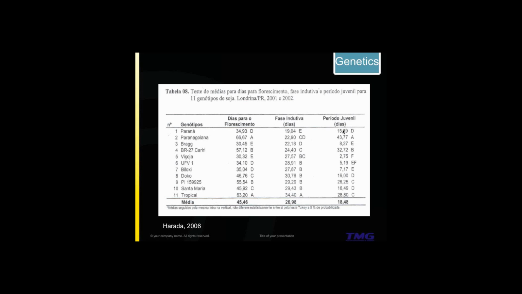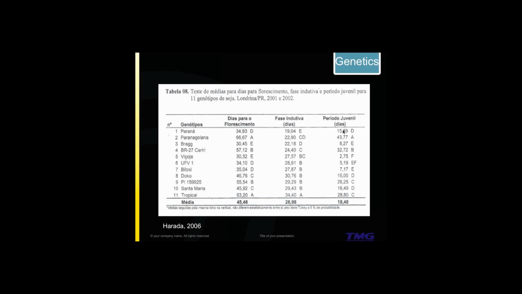I can actually tell you that probably 1 in 16 lines could be over 80 centimeters in growth in lower latitudes.